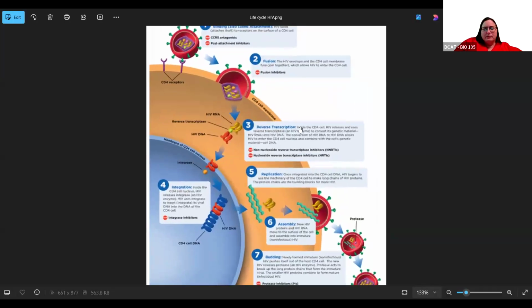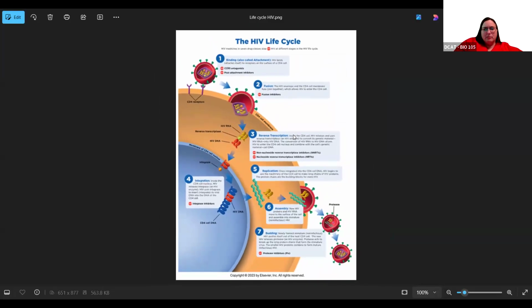I'm going to share the HIV life cycle picture, and I'm going to lecture from the picture. This is the overall picture that I'm going to be lecturing from. I have uploaded this full picture under your exam 2 information in your modules.